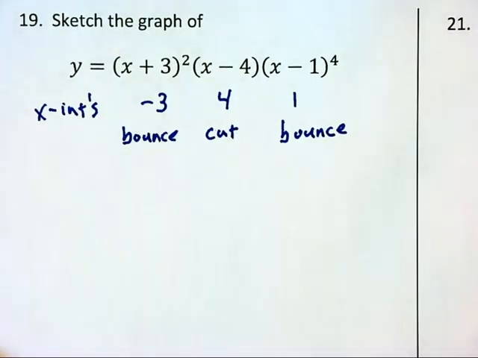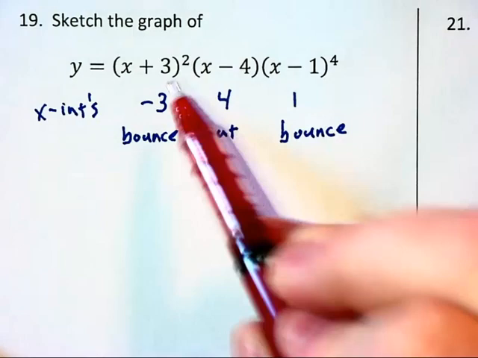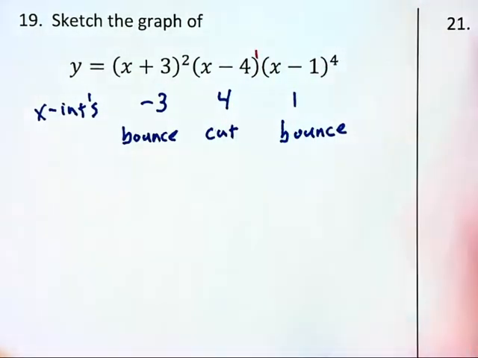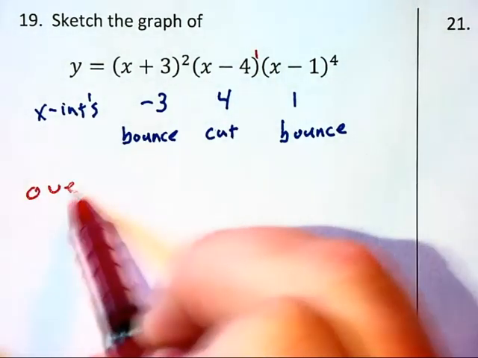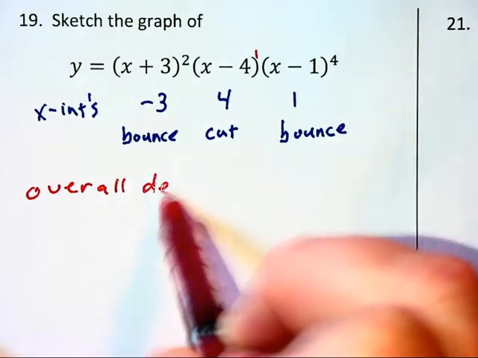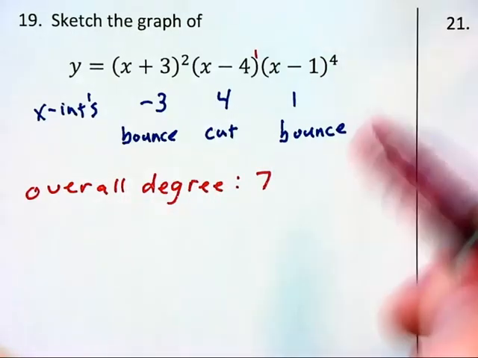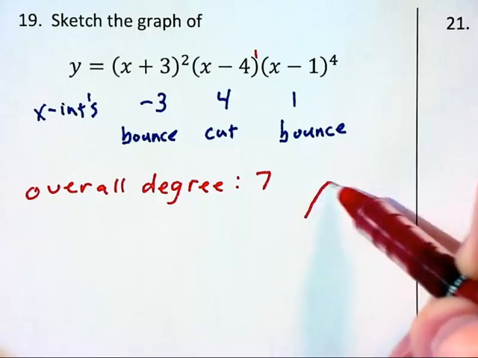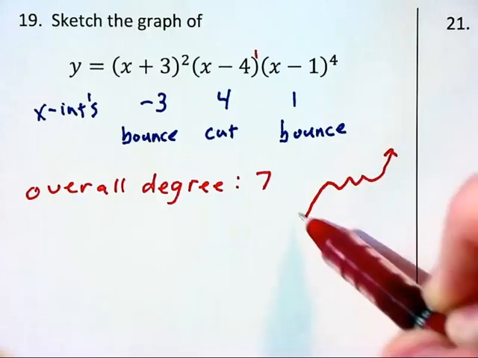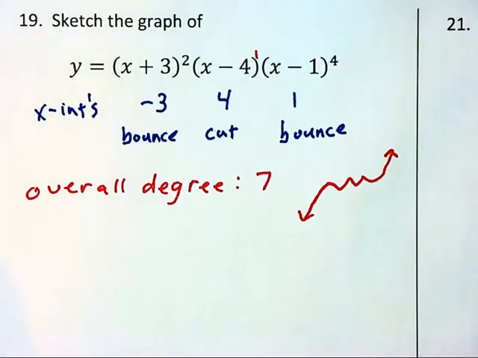Now, if we add the exponents together, 2 plus 1 plus 4, the overall degree is a degree of 7. And that tells us it's going to start in the bottom left, do its wiggling in the center, and then go up to the right, and the ends are going to point in opposite directions.